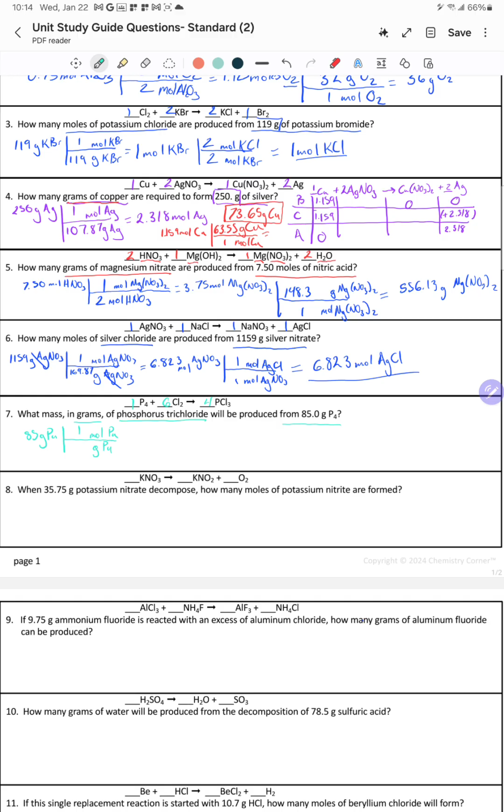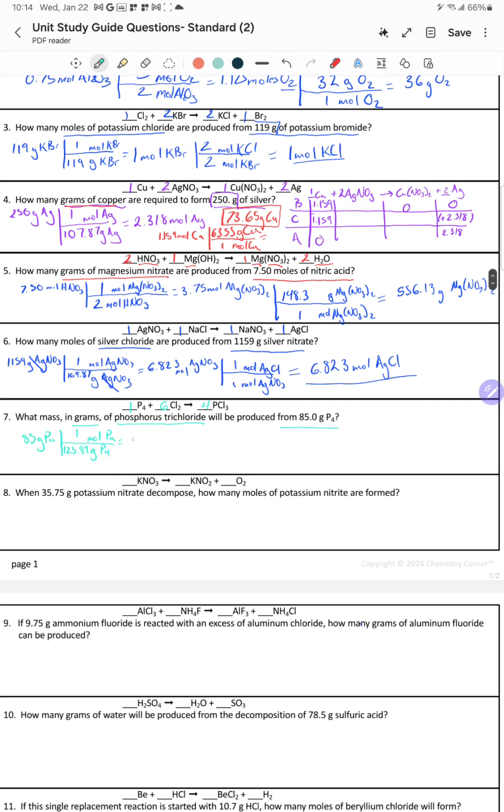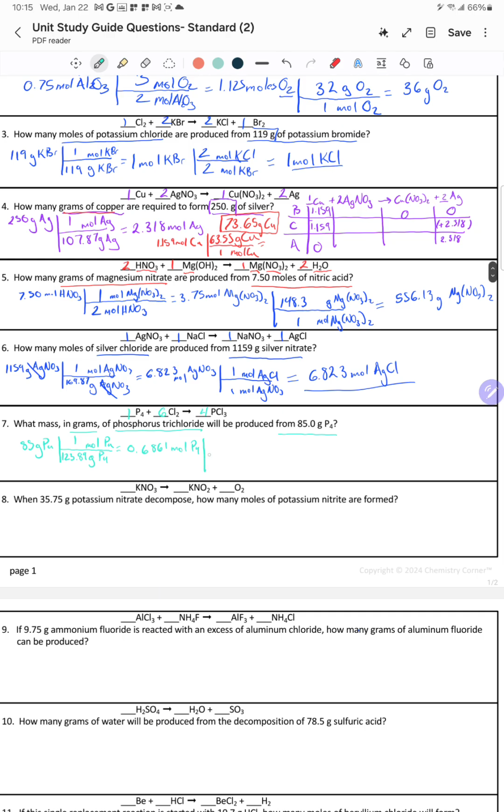And this gives me a grand total of 123.89 grams. And this then totals out, after I do my wonderful math, to 0.6861 moles of phosphorus.